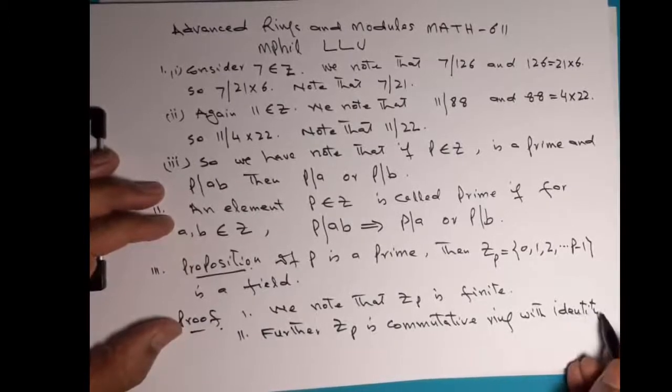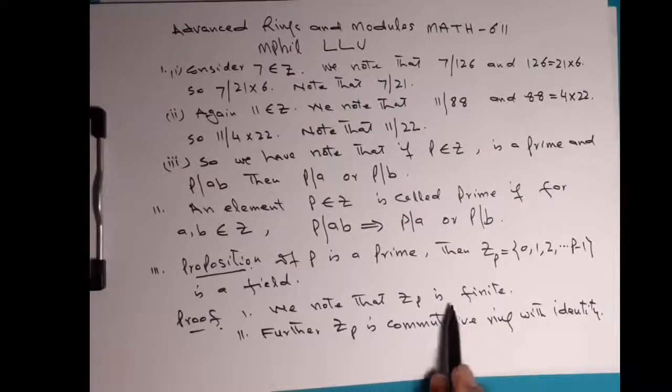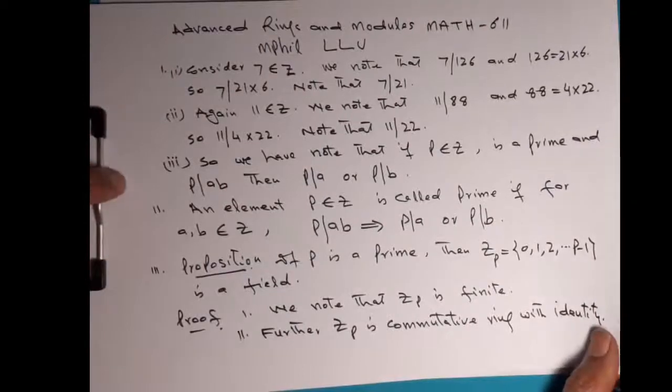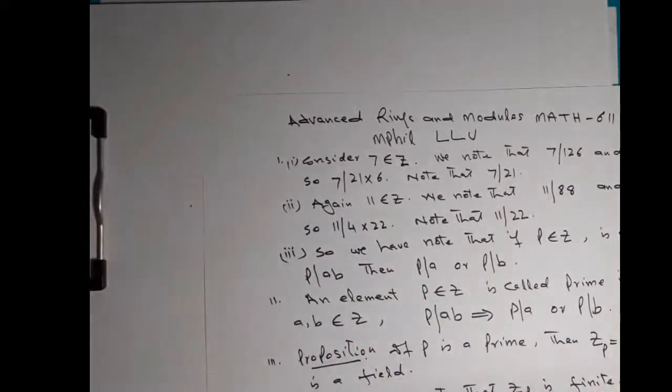We have to prove that Z_P is a finite integral domain. So Z_P is finite, Z_P is a commutative ring with identity. All we have to prove is that Z_P does not contain zero divisors. Then it will become an integral domain, and a finite integral domain, so it will be a field.